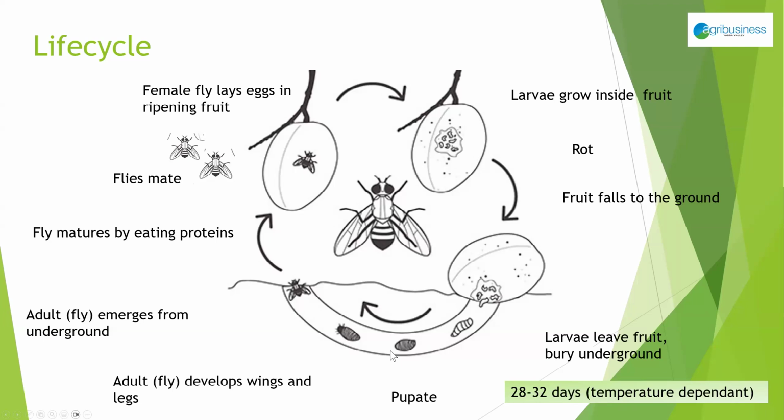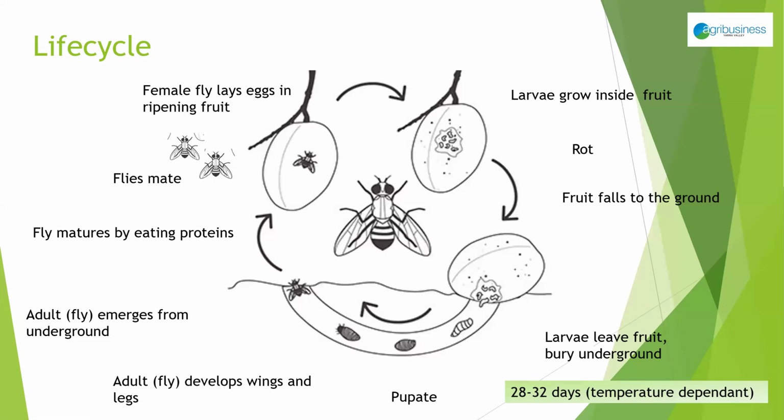They put a hard case around themselves, and inside here they pupate. That means they spend a period of time in this secure environment where they change from a larva to a fly. A short time later, they crack out of this pupa case. They crawl through tunnels in the soil or in the leaf litter or wherever it is that they've pupated, and they emerge and spend a few minutes, few hours drying out.